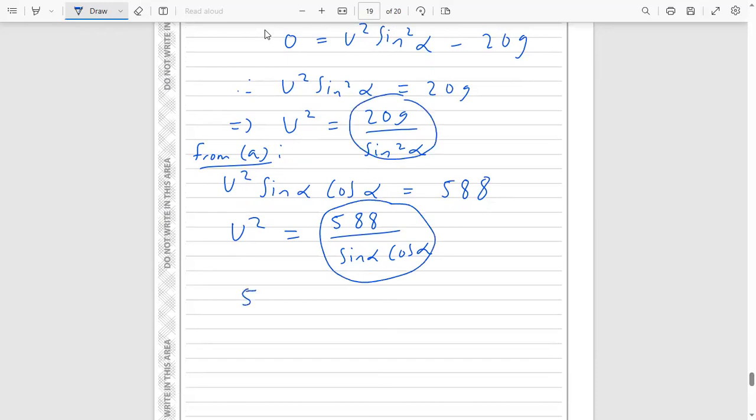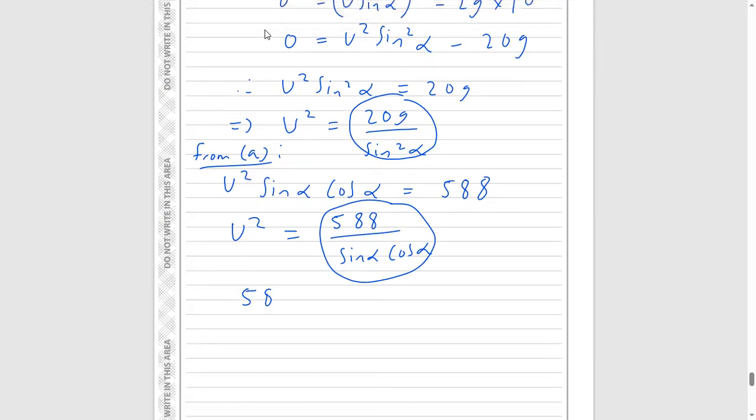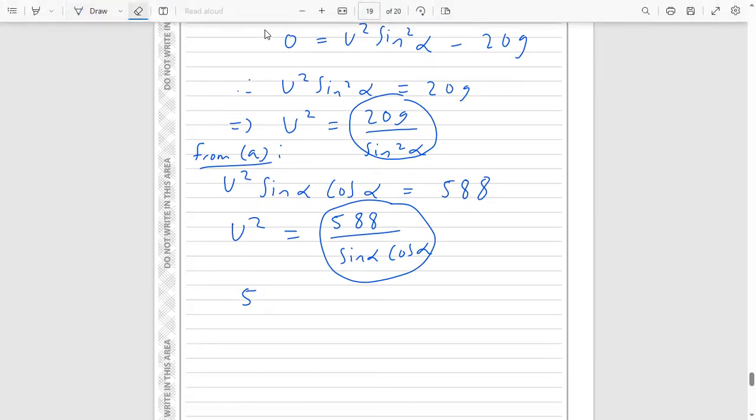So we've got 588 over sine alpha cos alpha is equal to 20g divided by sine squared alpha.